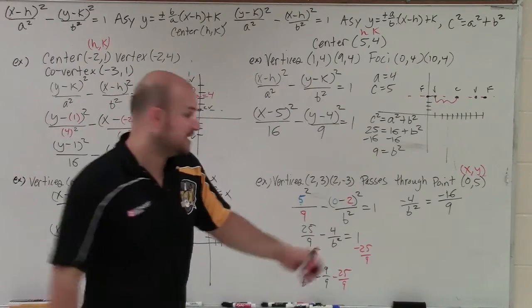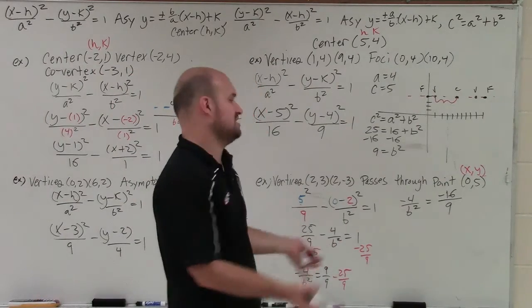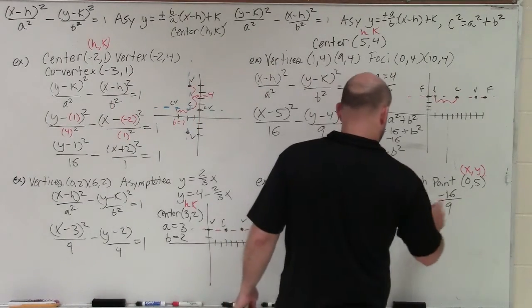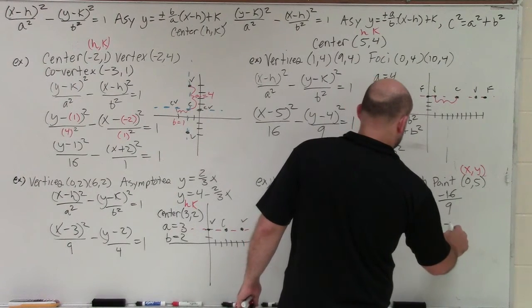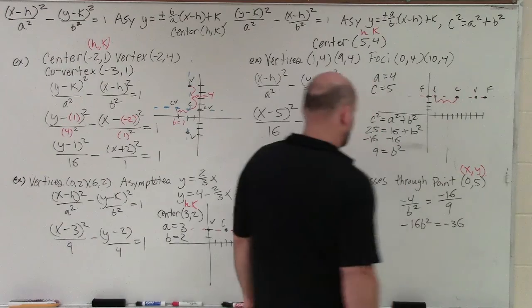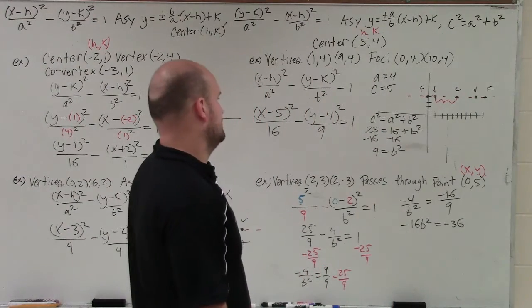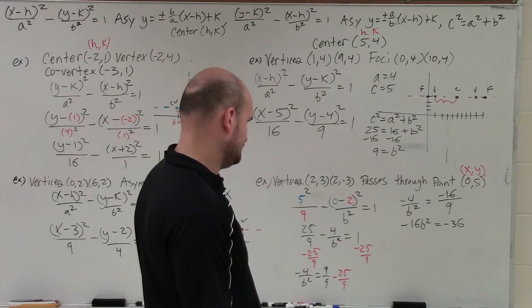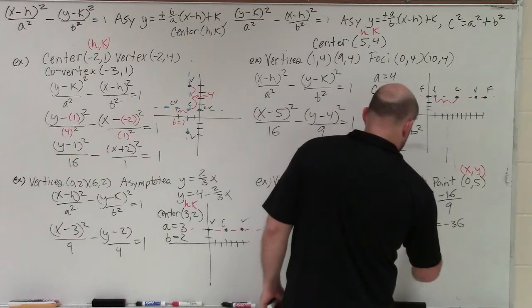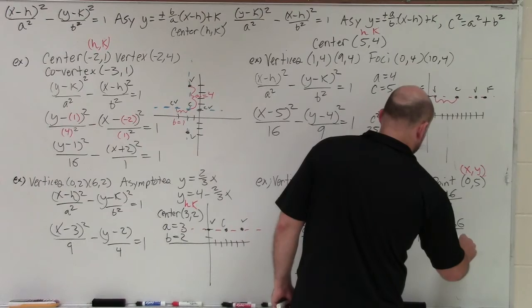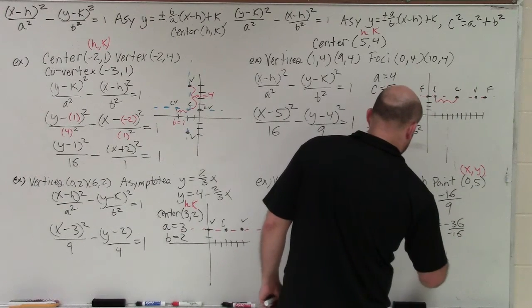Now I can apply cross multiplication, so I get negative 16b squared equals negative 36. Divide by negative 16.